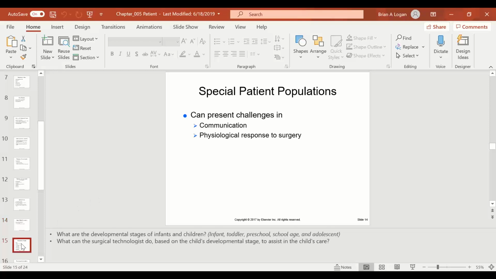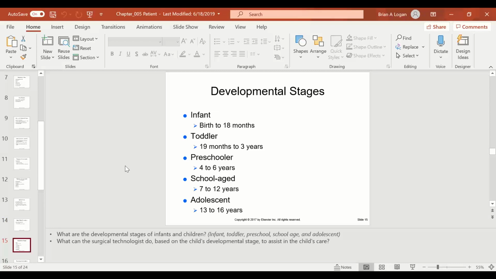First off, we're going to be dealing with infants and children, because some of them need surgery too, right? The way we break these down is by developmental stages, how they've developed not just physically, but mentally as well, how they're able to understand things versus not.